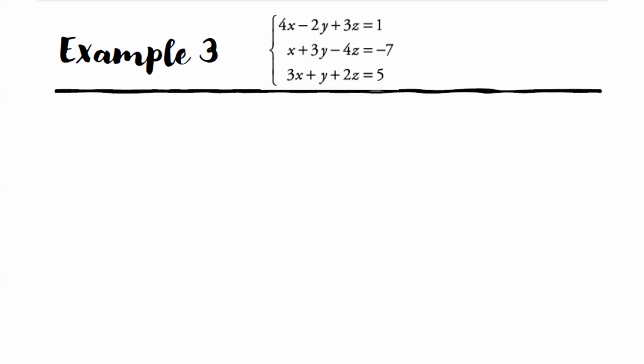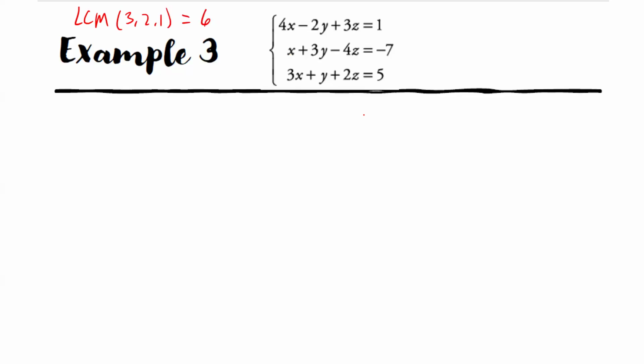Y, because Y is 3, 2, and 1. And 3, 2, 1, what is their least common multiple? 6. The LCM of 3, 2, and 1 is 6.